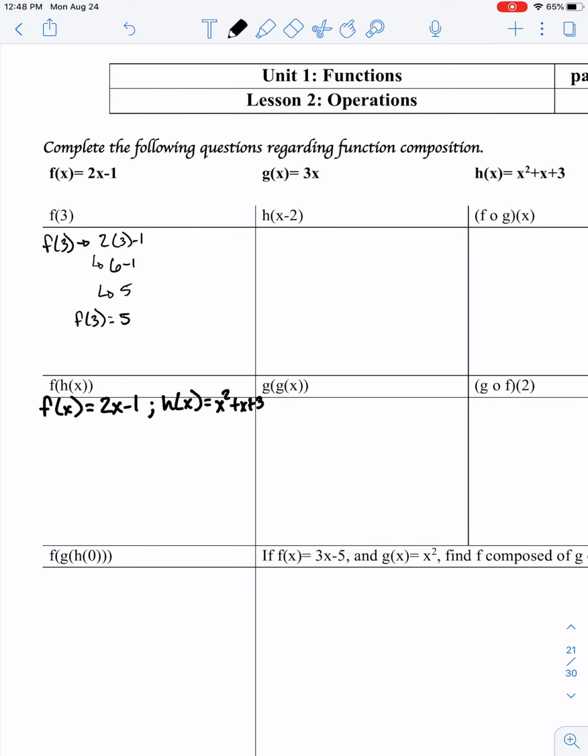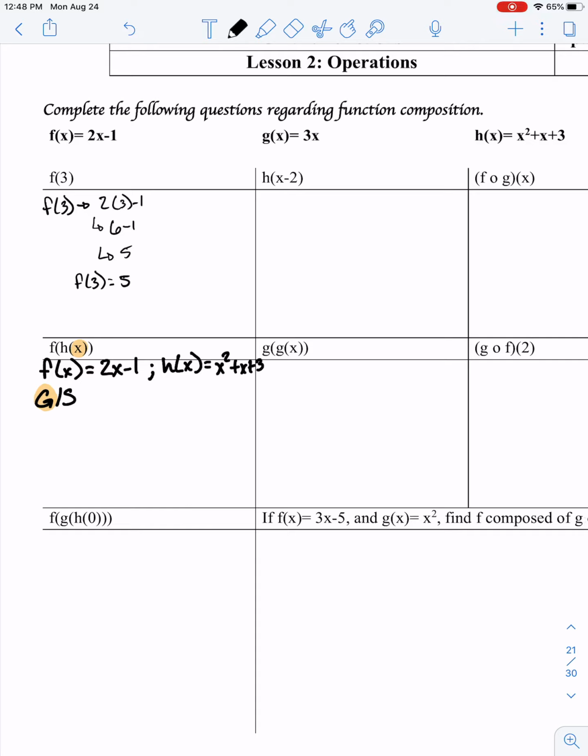Now, am I thinking about general or specific point? This one is just in general because I don't have a specific point for the x. If it wanted a specific point, this x would actually be a number.